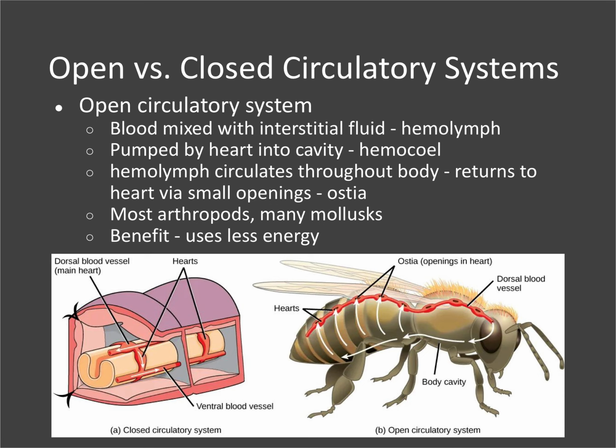So let's start by looking at the open circulatory system, which we can see in this picture of a bee right here. In an open circulatory system, blood is mixed with interstitial fluid, also known as tissue fluid or extracellular fluid.